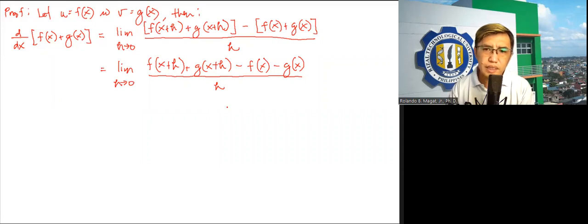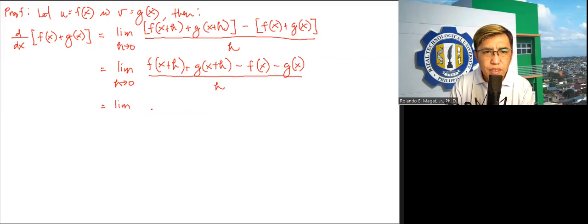So I can just regroup the terms which are of the same kind, similar terms, in terms of the function f of x and in terms of the function g of x.